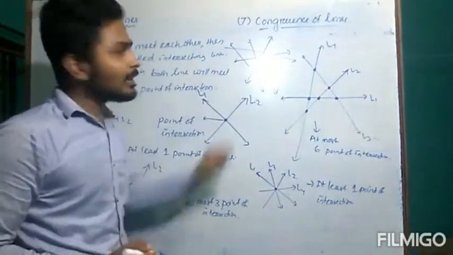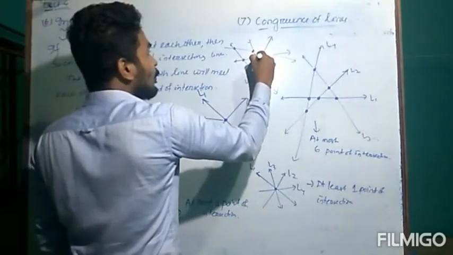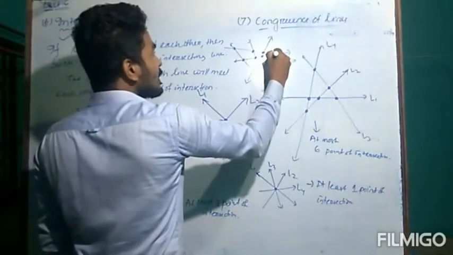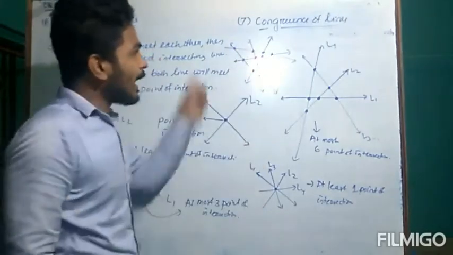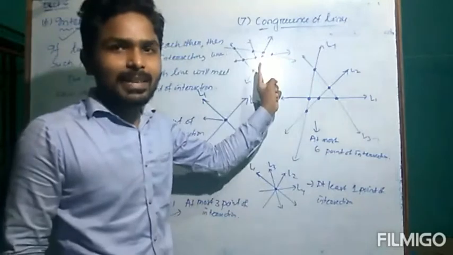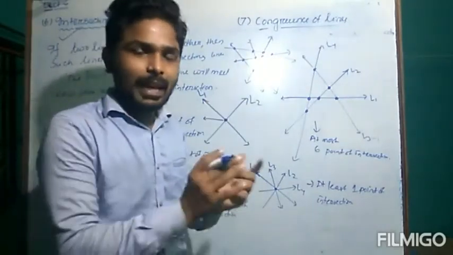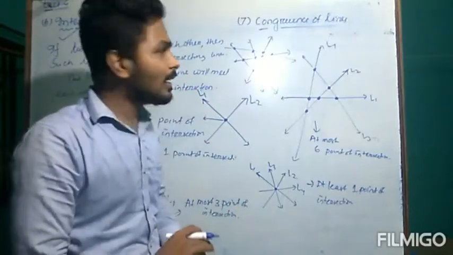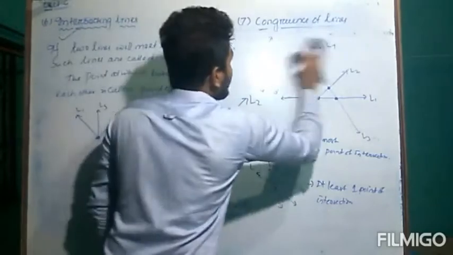Now find the points of intersection: 1, 2, 3, 4, 5, 6, 7, 8, 9, 10. So 5 straight lines can have at most 10 points of intersection, but at least they have only 1 point of intersection. Understood? This is the concept about intersecting lines.